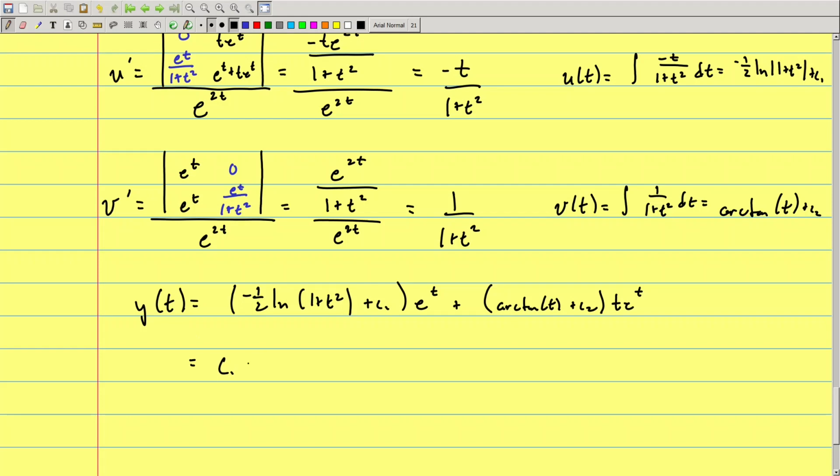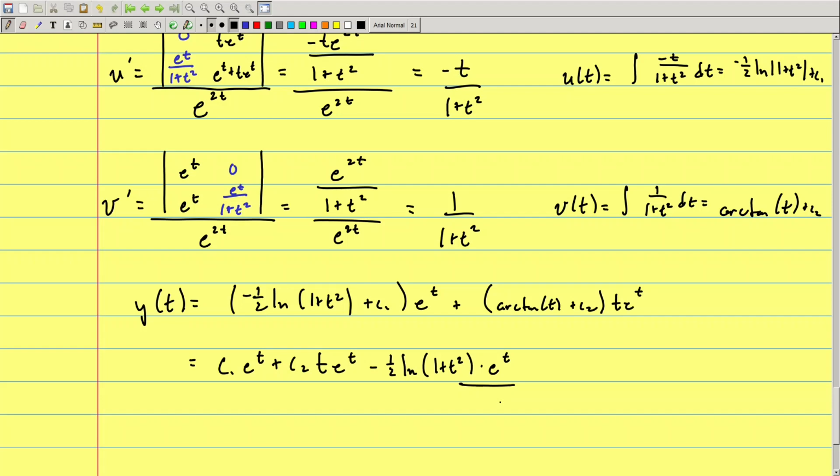It is convention to go ahead and factor out the complementary solution and put it up front. Whenever I'm doing this kind of multiplication with a logarithm function or something, I put a dot there to make it very clear that e to the t is a separate function that's being multiplied and not part of the argument of the logarithm.